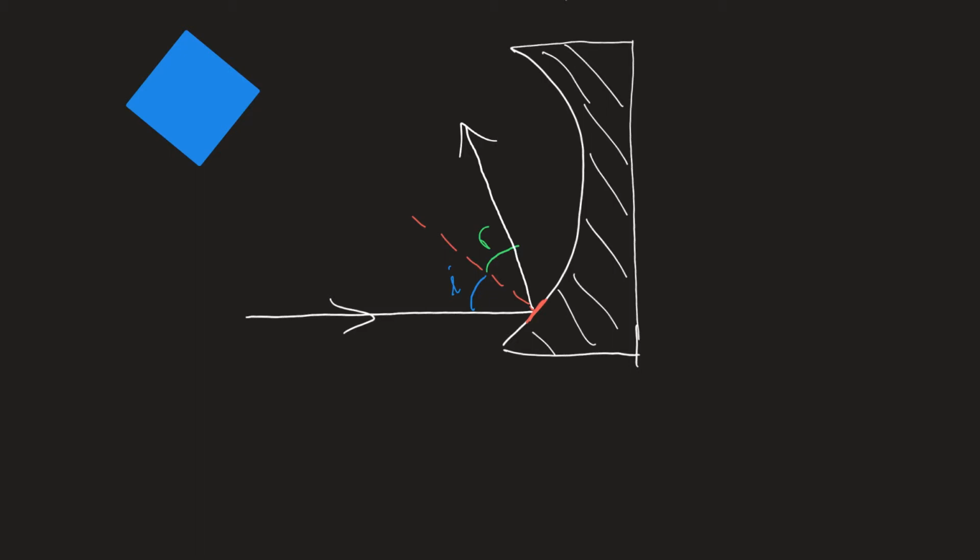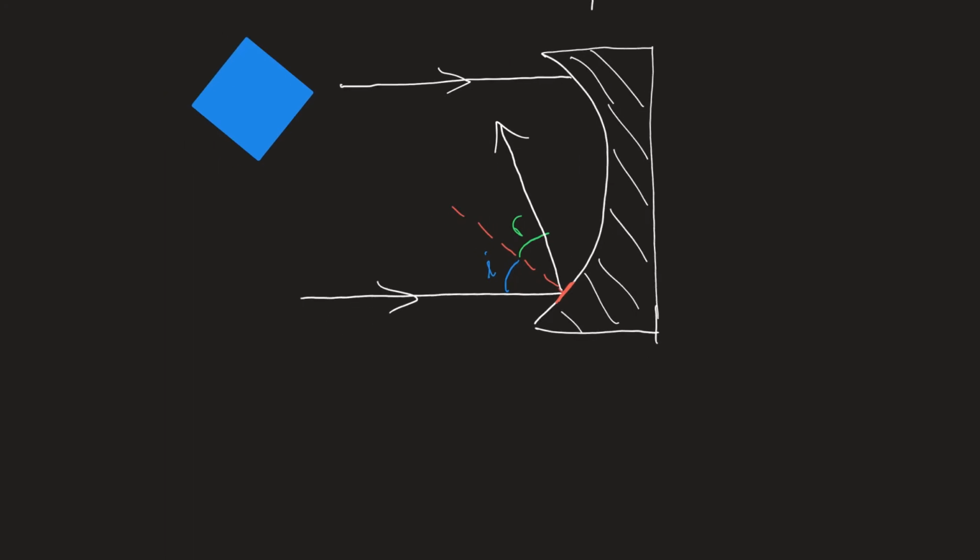Now let's say we have a light ray, an incident ray, that hits our concave mirror at that point there. I'm going to draw a normal line. I don't know how our post-it note changed color.